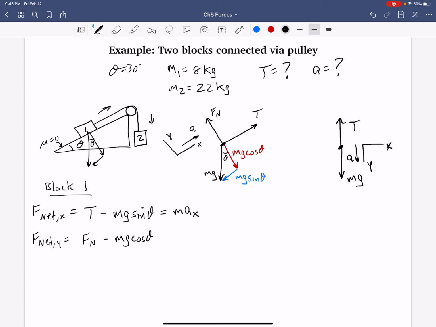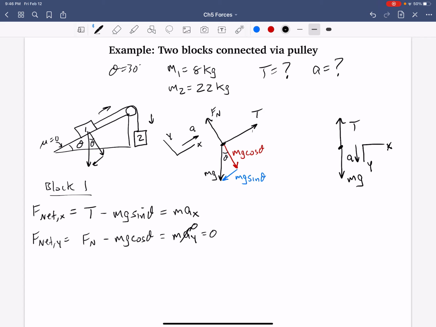That component is attracting the block or pulling the block perpendicularly into the incline. And that, yes, it is equal to may, but it's neither accelerating off the incline, right, up into the air, or into the incline. It's just staying there. And so, yes, that's 0.